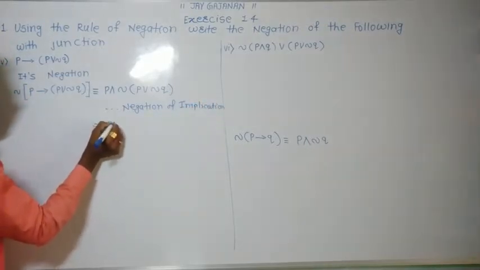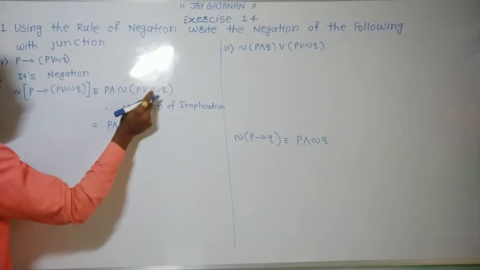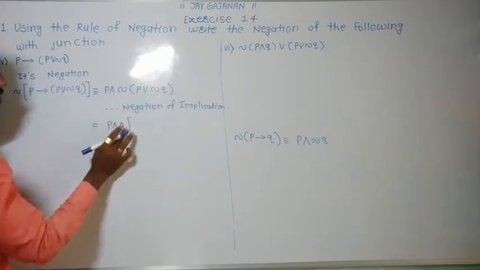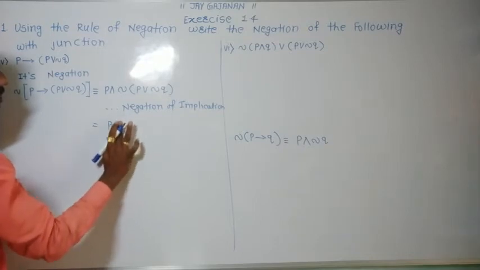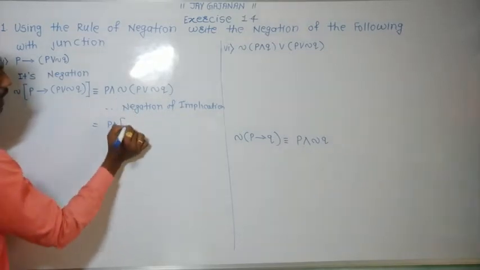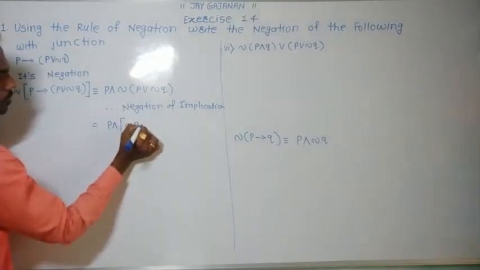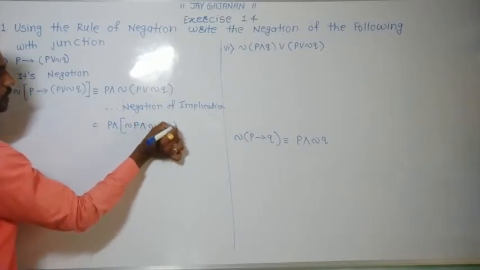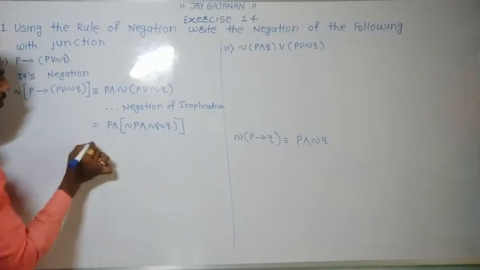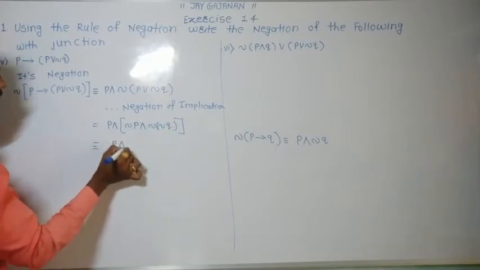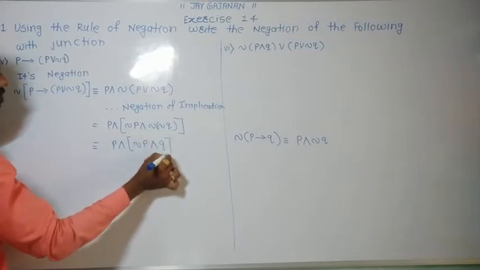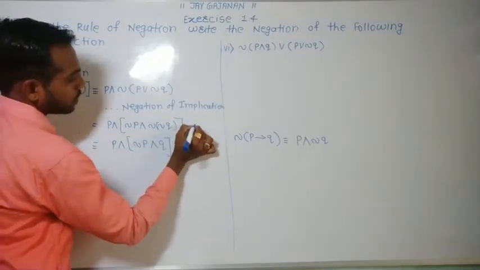Now P and negation of a conjunction or De Morgan's law means P and negation P and, or replaced by and, negation of negation Q means P and negation P and Q. Write down here De Morgan's law.